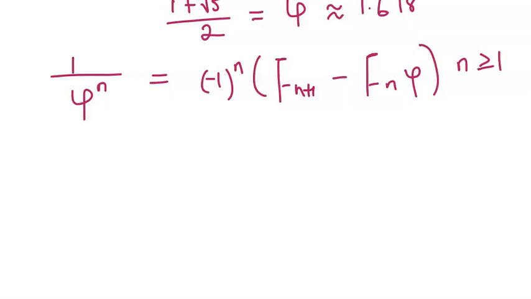So we're going to use this amazing formula or identity to find the 24th power of the reciprocal of the golden ratio.